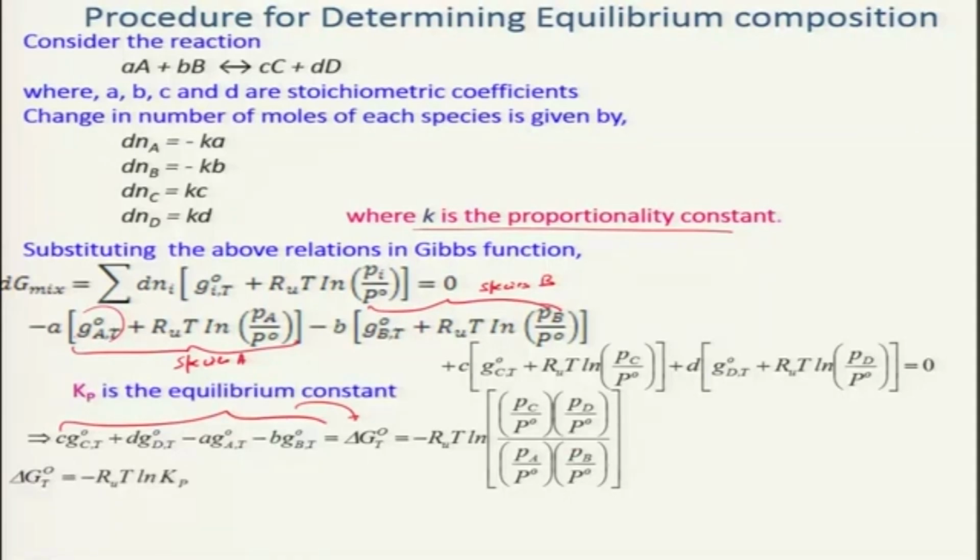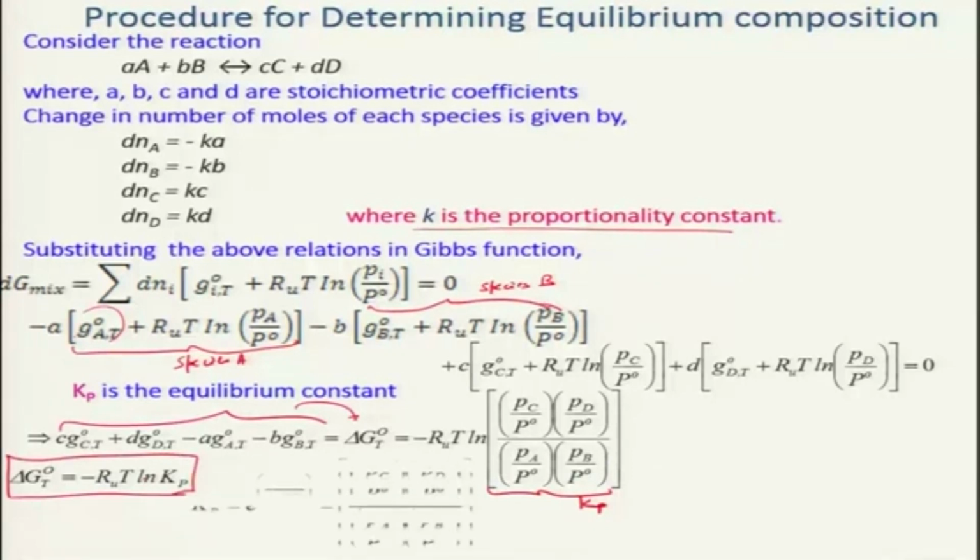If I consider this as a constant Kp, because this is the equilibrium constant based on partial pressure, then I can write delta G naught is equal to minus R_u T ln Kp. This is a very important expression you should keep in mind.